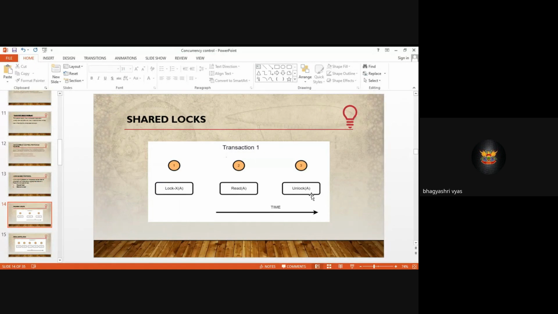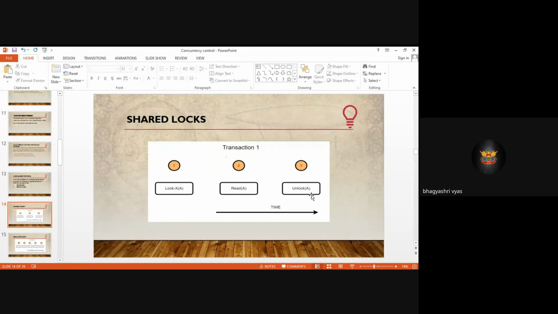It means what? It solves the problem of dirty reads, right? If we put the lock while reading the data, then our transaction will not suffer from the dirty read problem.